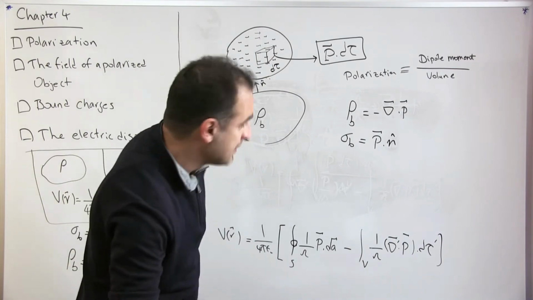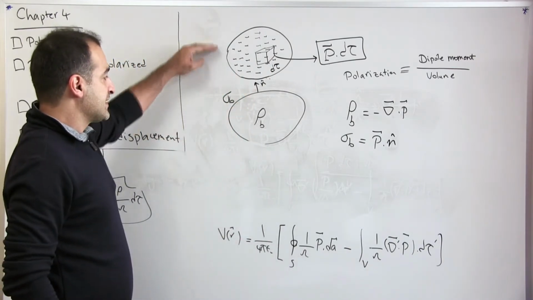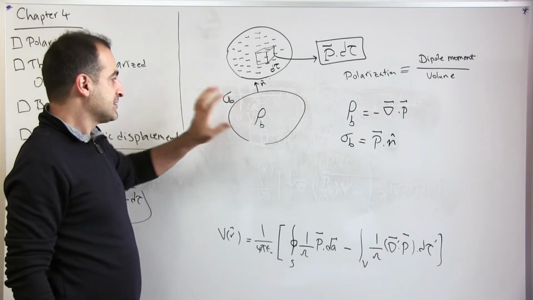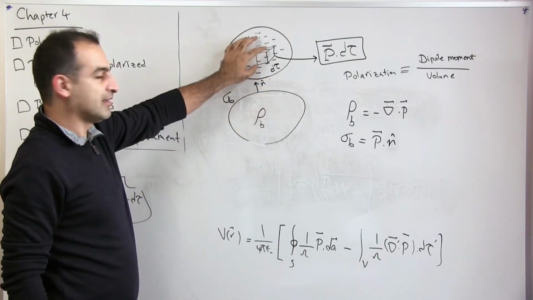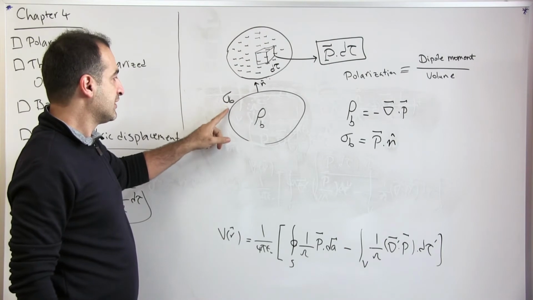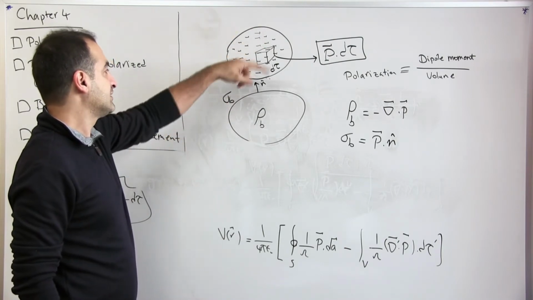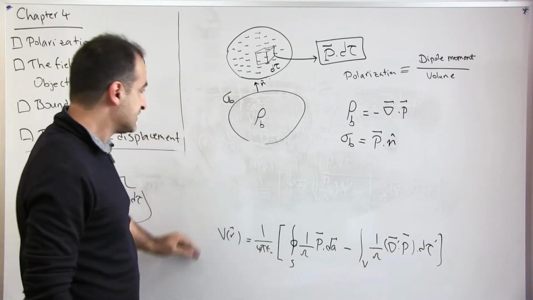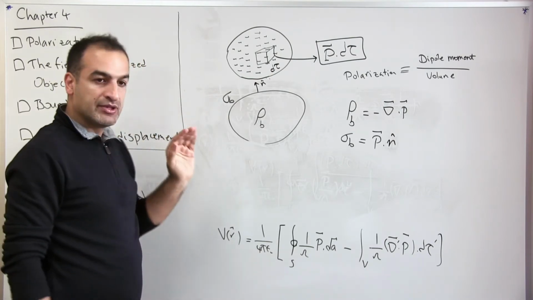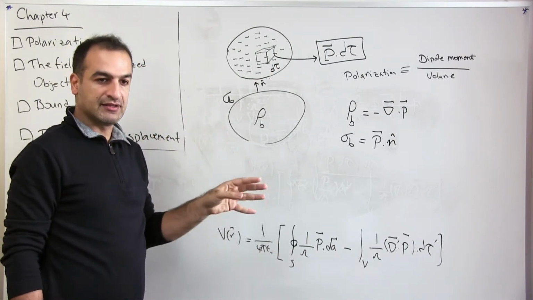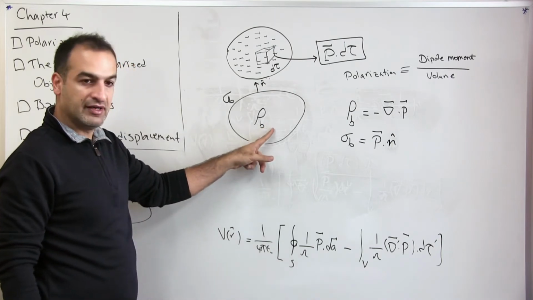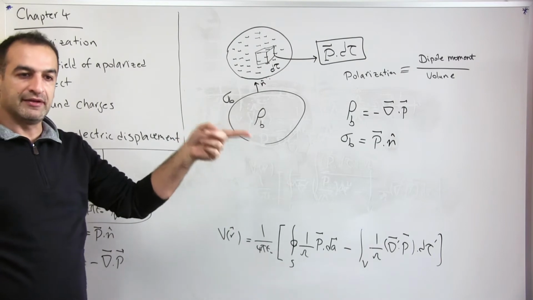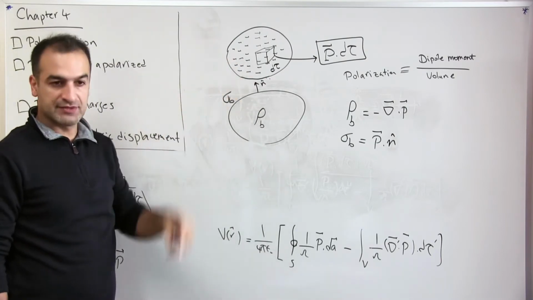Now, if you consider these two, these are two physically different things. One of them has volume charge, the other one has polarization. One of them has surface charge, the other one has only polarization. But with this mathematical step that we took, the potential and the electric field created by the second one is going to be exactly the same as the potential and electric field created by the first one.